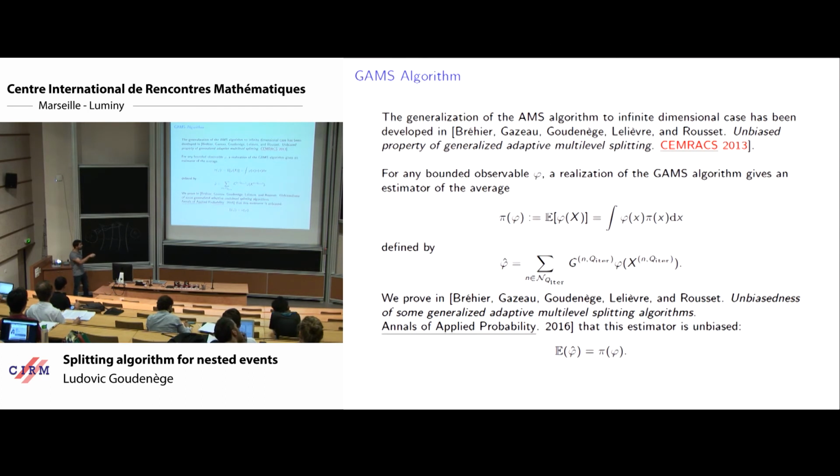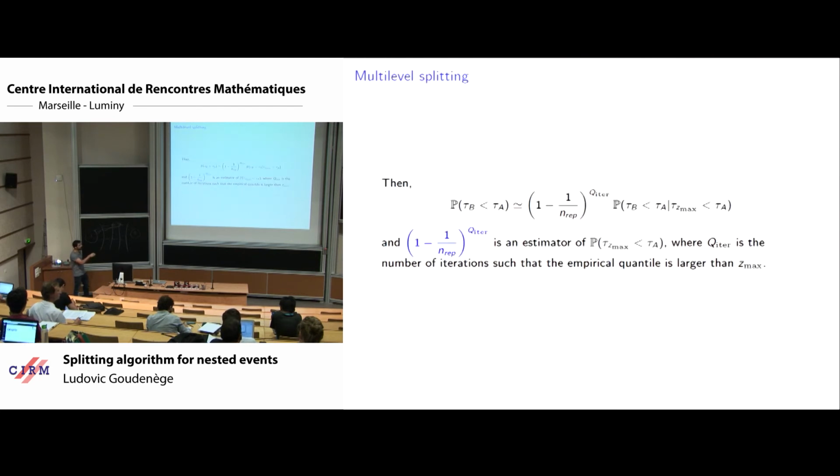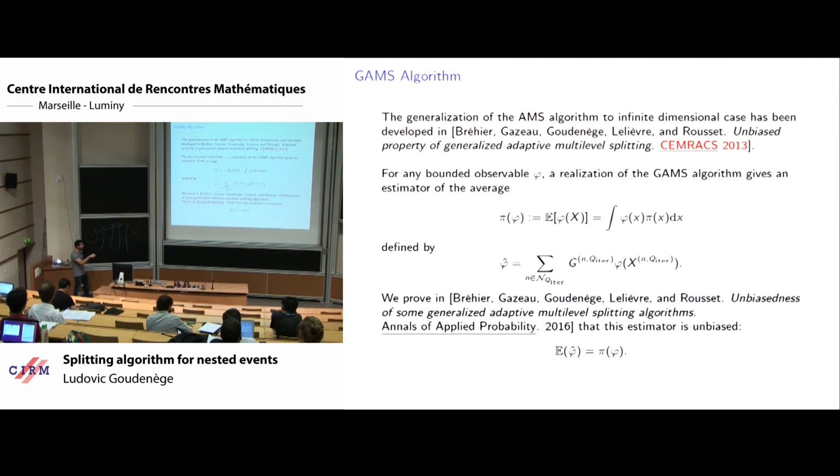Okay, so you have an estimation of these things with only this number. So this number is given by the estimation. So this is in fact 1 minus 1 over 3 to the power of the number of iterations. And again, this is an estimator of this quantity, and again, this quantity is unbiased with respect to all the phi's that you can imagine. So you can compute what you want about the trajectories, and you obtain this quantity.